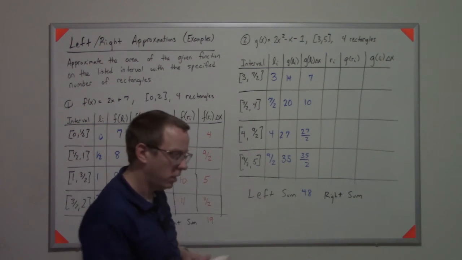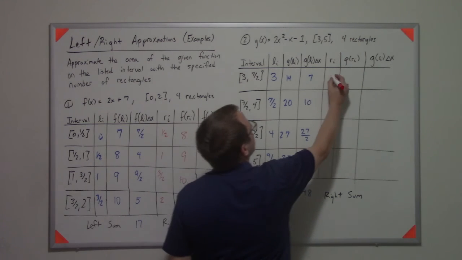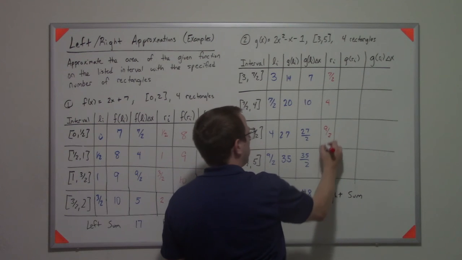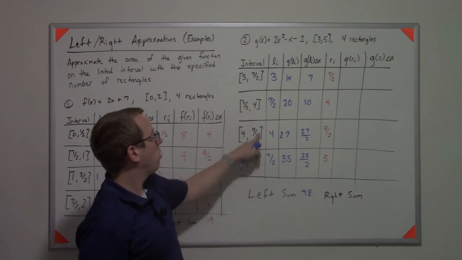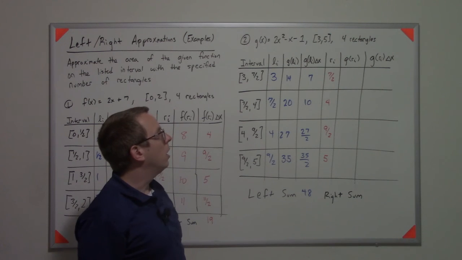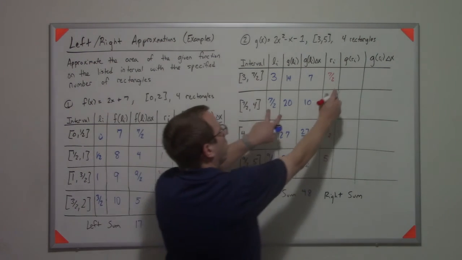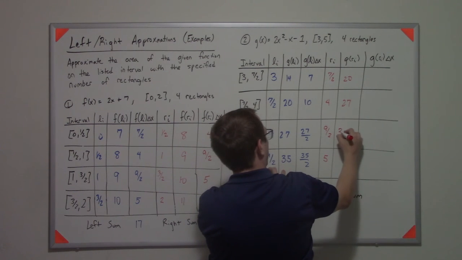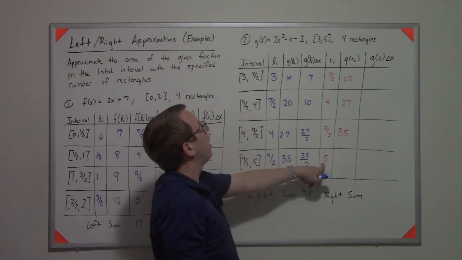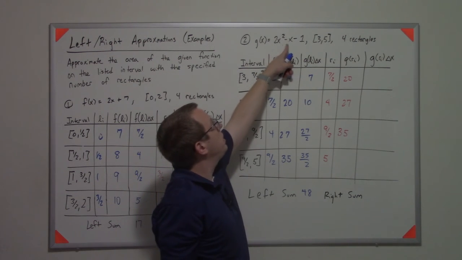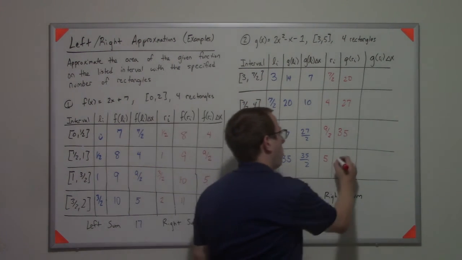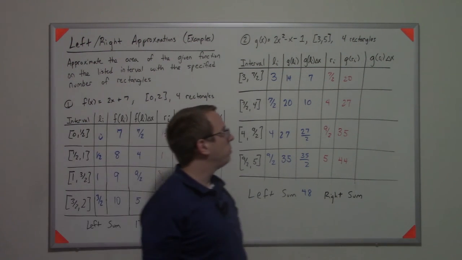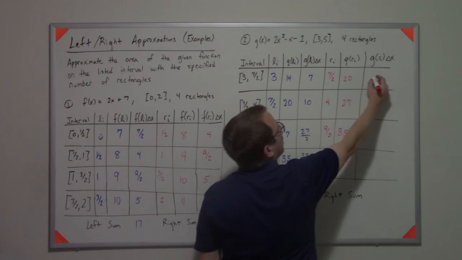All right, so let's take the right-hand approach. In this case, the endpoints are 7/2, 4, 9/2, 5. Again, we're just taking the right endpoints here. The function values at the right endpoints, we've already done: 20, 27, 35. Then I plug 5 in here, so that's 50 minus 6, which is 44.